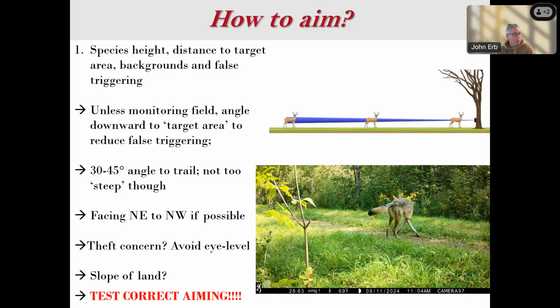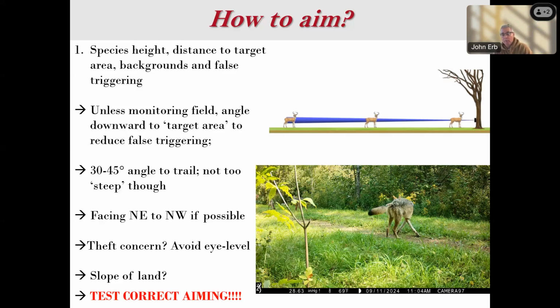I'll illustrate that more in a minute, but keeping it at an angle to the trail can allow you to get more pictures. I mentioned earlier that it's better for triggering, but as you see in this wolf photo in the bottom right, even if it only triggered once, you can see there was one wolf in front of the camera, but there are two wolves off to the left.